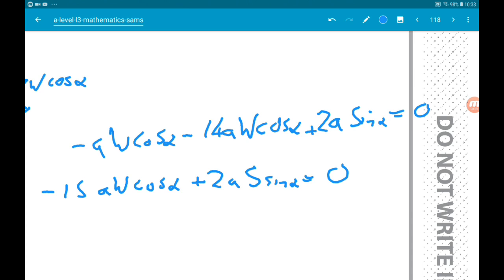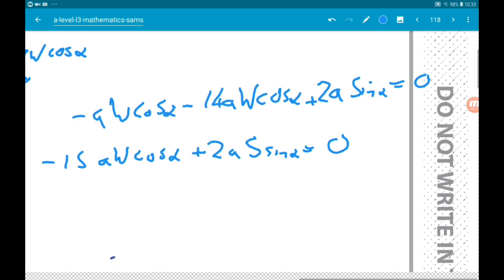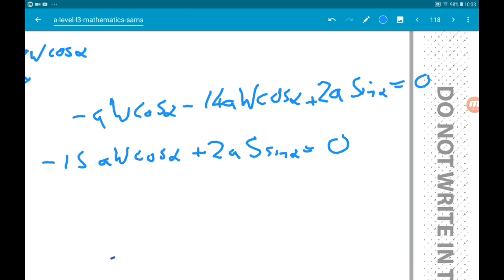Now everything has a factor of A, so I'm going to get rid of that and add the cos term to the right. We're going to get 2S sine of alpha is equal to 15W cos alpha.